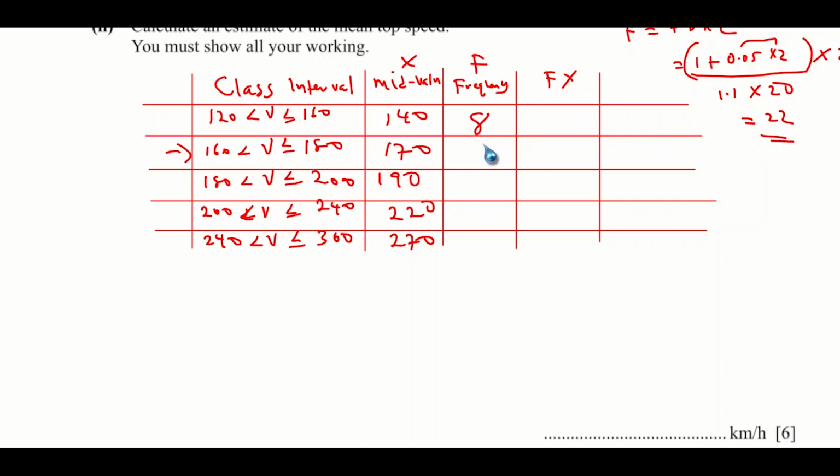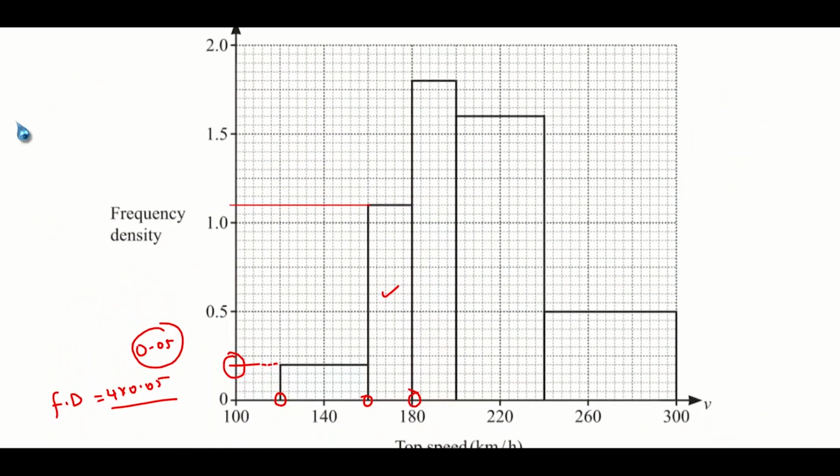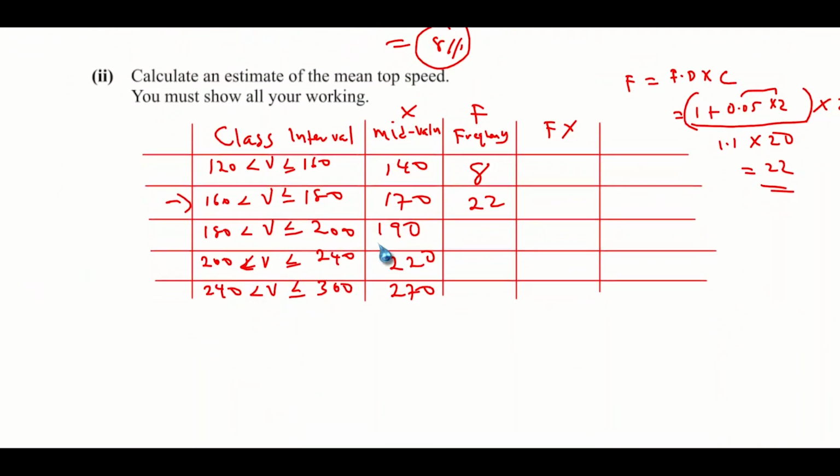So that means the frequency of this class will be 22. So you can fill up the diagram in order to save time. You find the frequency density of the remaining bars and multiply by the corresponding class size. So the next one will be 36, then 64, and the last one will be 30.